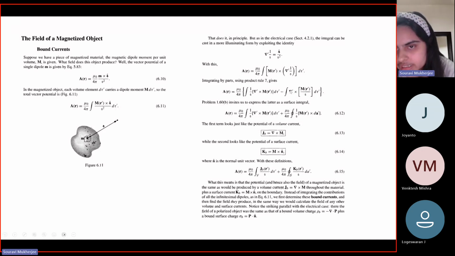Basically, you had curl of M(r') by r into d tau, and there are more steps involved, okay? Because here you are interchanging, so you can see it's M(r') cross dA prime. So you have changed from a volume integral to a surface integral.